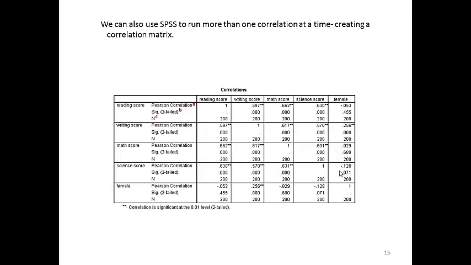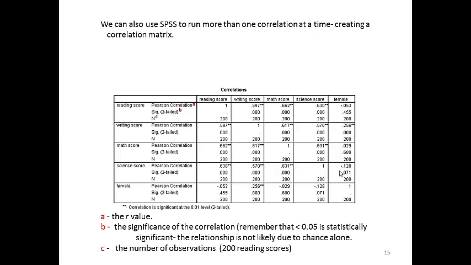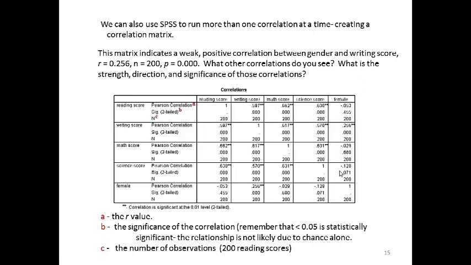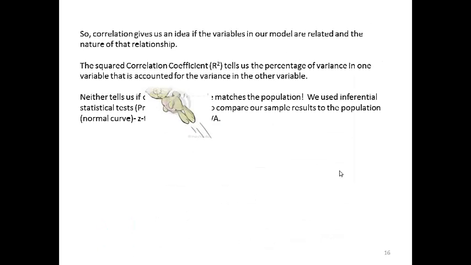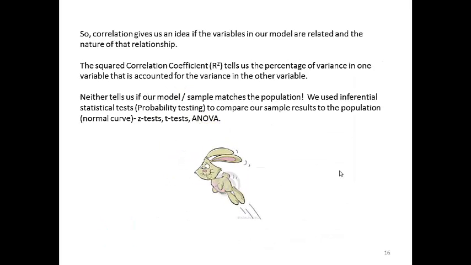You may also remember this particular slide from an earlier presentation, a correlation matrix. This is where we can look at more than one comparison at a time. It's still a bivariate comparison, but we're simply doing multiple comparisons. So correlation gives us an idea if the variables in our model are related and the nature of the relationship.